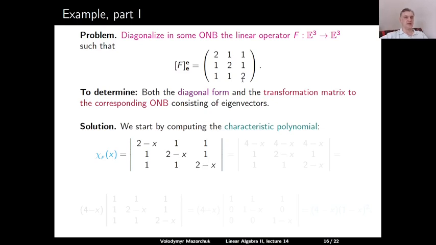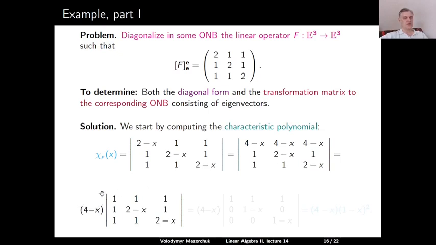In this case, a good idea is always to add all rows to the first row. So rows 2 and 3 remain the same, but the first row then reads 4 minus x, 4 minus x, 4 minus x. This doesn't change the determinant, but now we have a common factor 4 minus x in the first row, which we can take out.